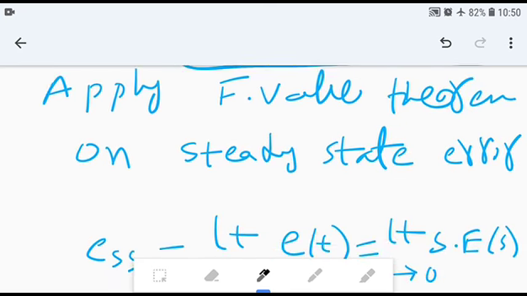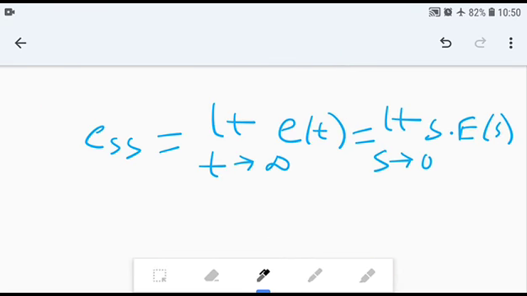That is what we have written here. So E of t is f of t, and E of s is nothing but F of s. This is from the final value theorem. This statement we are going to use for deriving the static error constants, which we will see in the next class.